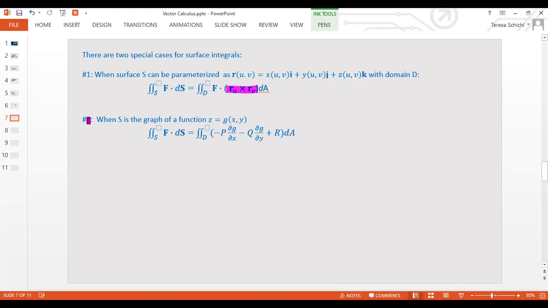The second one is really pretty and very handy: if z is a graph of a function g(x, y), then you can change the surface integral to a formula with the vector negative P ∂g/∂x, negative Q ∂g/∂y, and R. We're going to do some examples to show you this really becomes handy when you do the surface integral for a vector field.